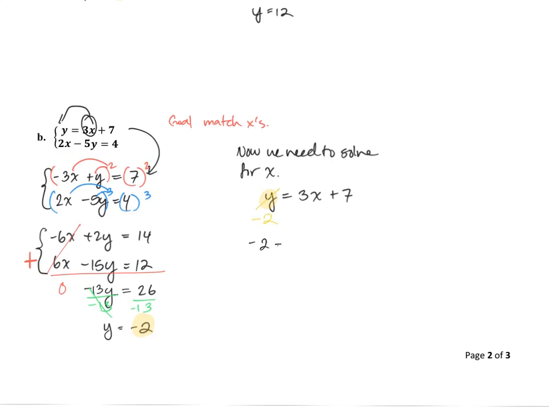So negative 2 equals 3x plus 7. Let's subtract 7 from both sides. And then we get negative 9 equals 3x. Ooh, it's going to divide perfectly. Divide both sides by 3, and we get negative 3 equals x.